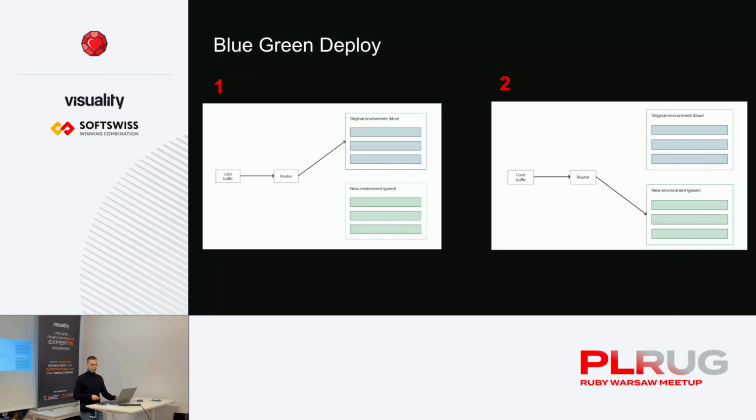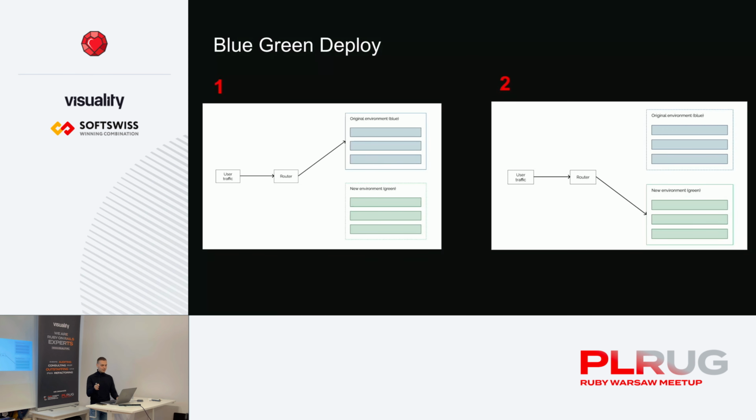Blue-green deployment. So the idea here is that you have two environments, a blue environment and a green environment. Blue environment is the old version of your code, what is currently running in production, and green has the newest one, so it has version 2 of your code. You would actually create both of those environments and have them running at the same time.